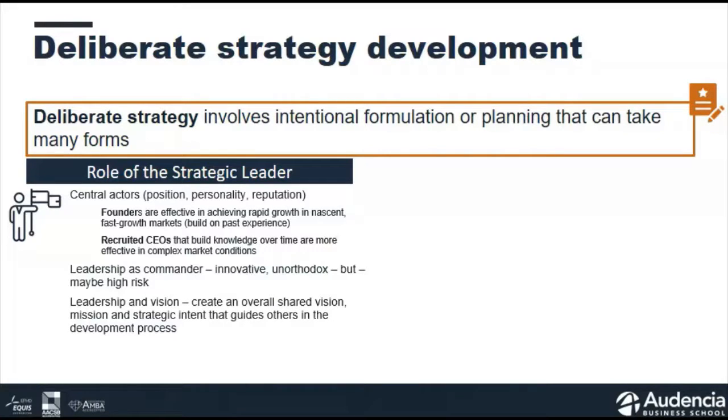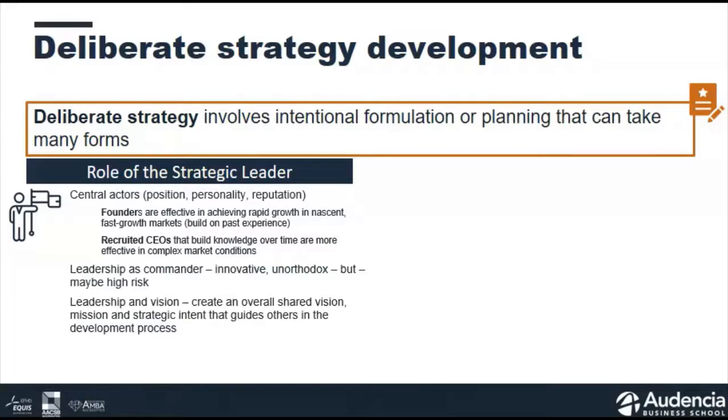Leadership also plays a key role in defining vision. One of the key things we want from a leader is to be able to fix a strategic intent or a mission for the organization: what we want to do and what we see as our role in the economy and in the industry. This guides others in the development process.